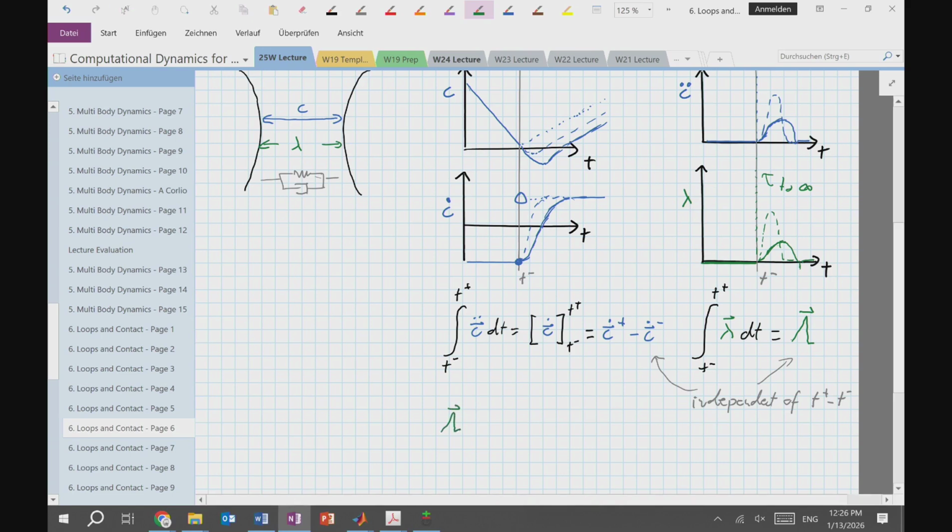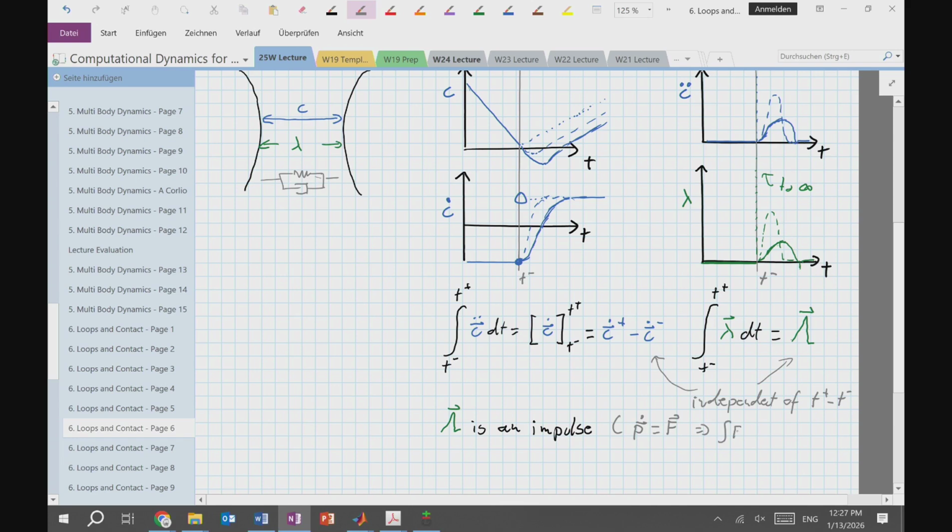So this capital lambda, we call this an impulse, contact impulse. In the past, we called impulse something else, right? P was an impulse. But the derivative of P was a force.